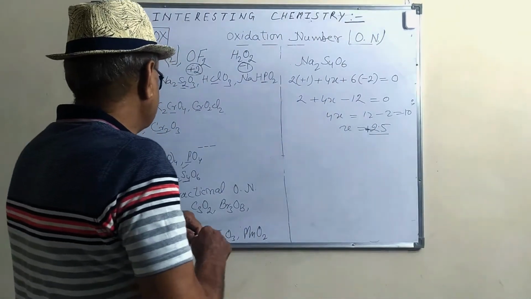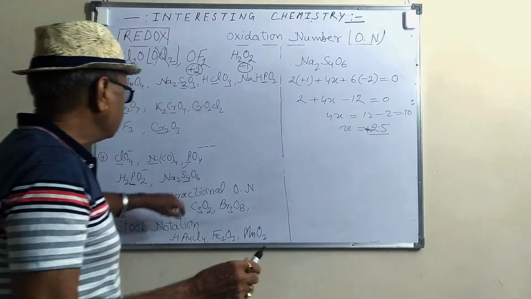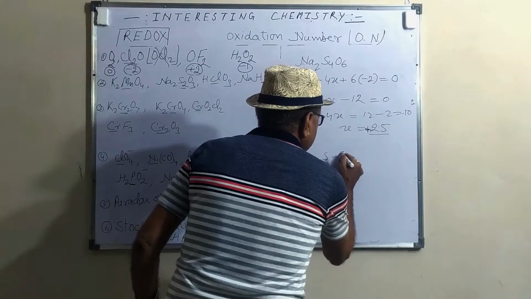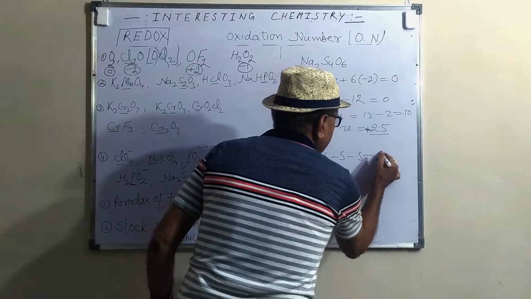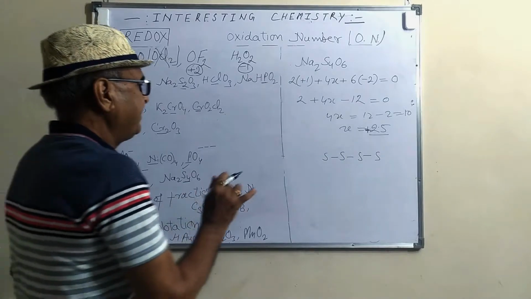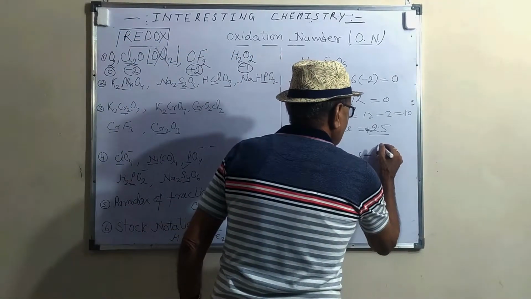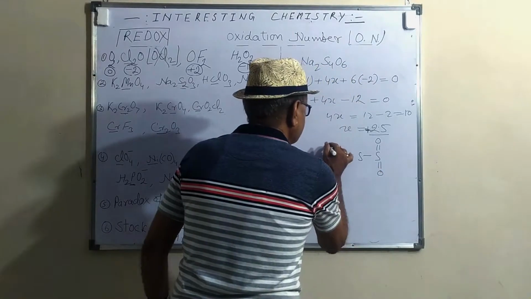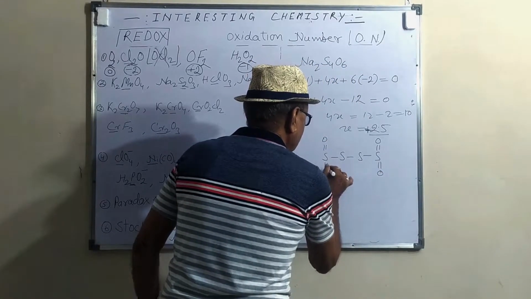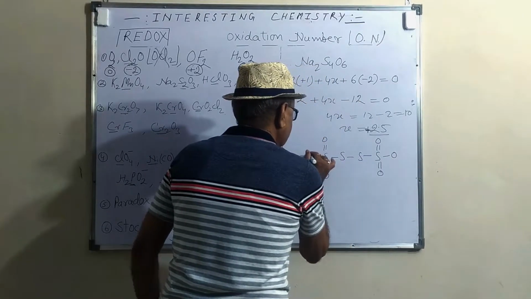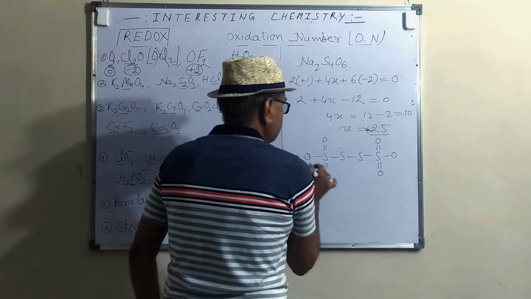So take the structure of S4O6. This is S4, four S atoms, and this is S4O6. There are 2 oxygens here with double bonds, 2 oxygens here with double bonds, and 1 oxygen here and 1 oxygen here.